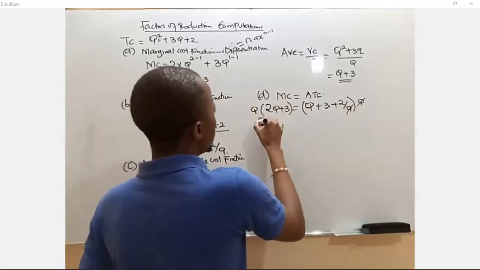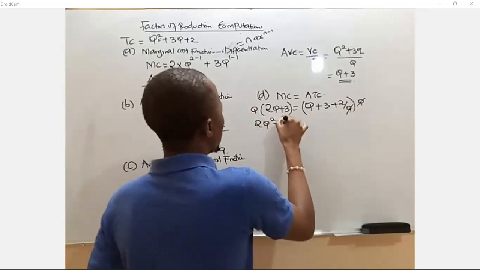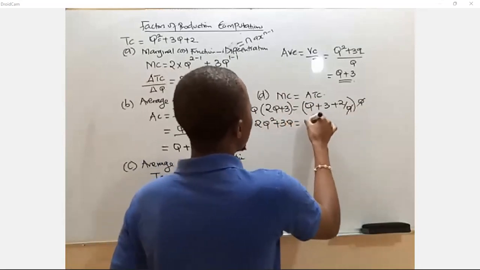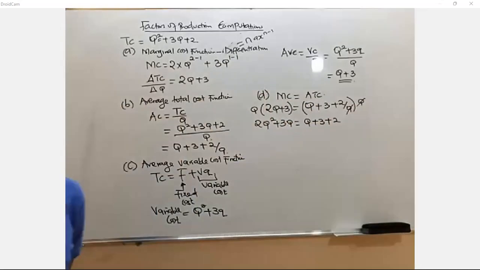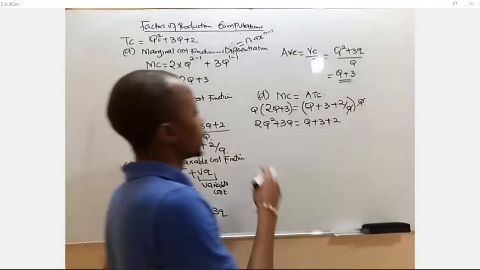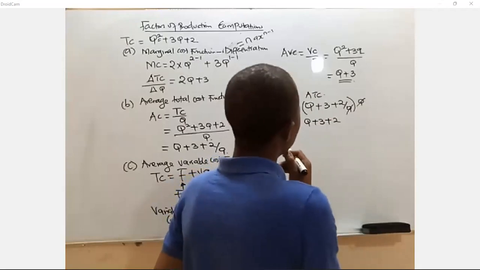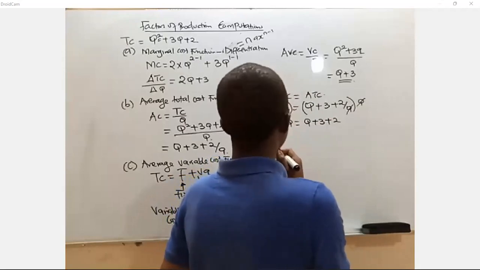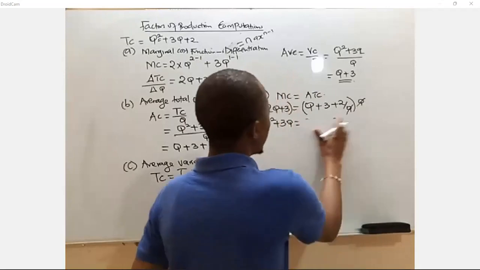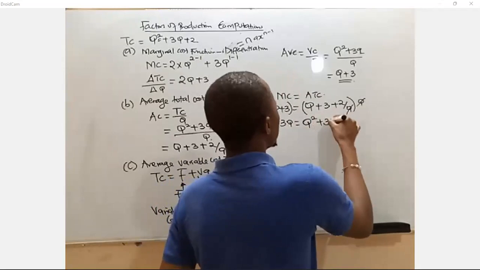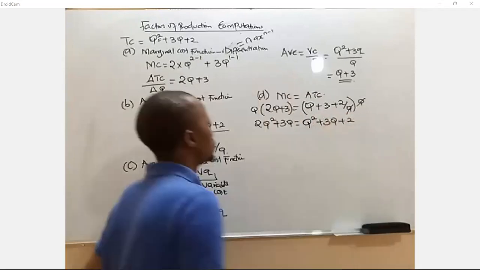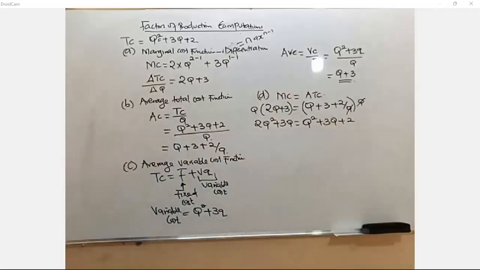So we are going to be having 2Q squared plus 3Q, which should be equal to Q squared plus 3Q plus 2, if we multiply here.